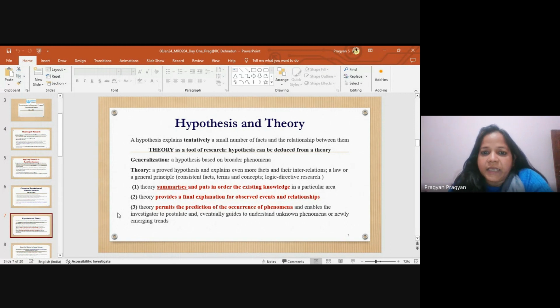So, overall, a hypothesis can be deduced from a theory, from a broader phenomenon, from a generalization. For example, when one of your learner participants was telling me one reason that these boys must be absent because of some financial burden on their families, that makes a point by one theory that in a developing society, the breadwinner is basically male rather than female.